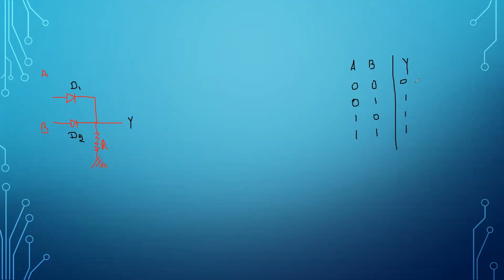We will check it. Whenever you are providing 0 here, how does the circuit work? You need to give a higher voltage to turn the diode on. The cathode is already connected to ground through some resistors, which means you are applying 0 voltage to the cathode.